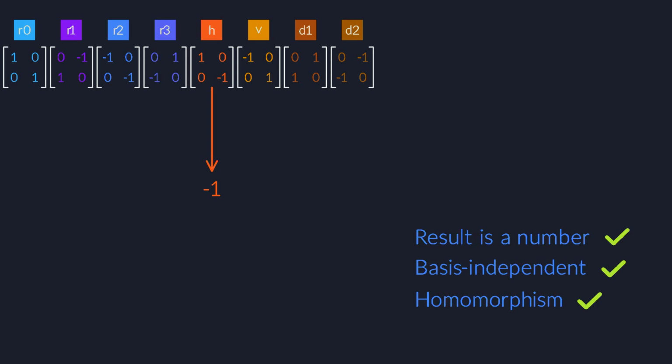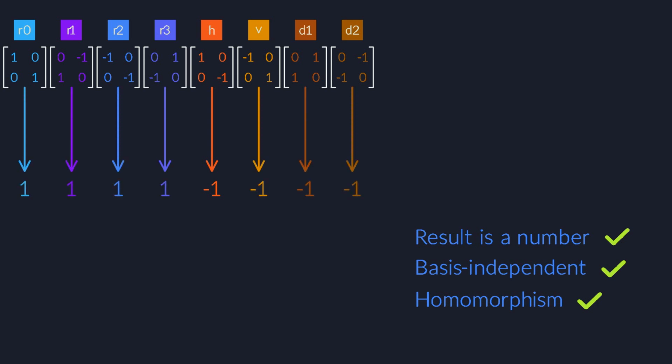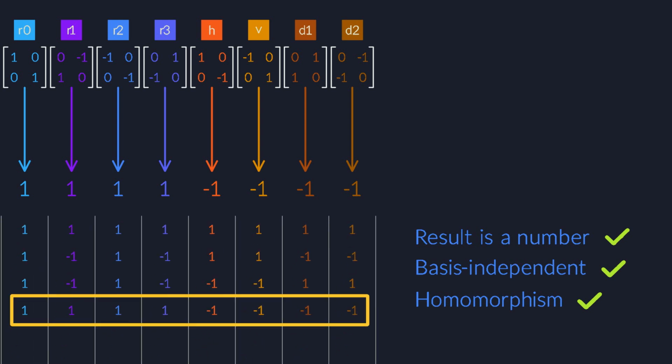Not so fast. Look what happens when we calculate the determinants for all the other 2x2 matrices of D4. The rotations have a determinant of 1, and the reflections get -1. The result is exactly the same as this other character that we already had. So the determinant doesn't manage to distinguish between these 2 rows of the table.